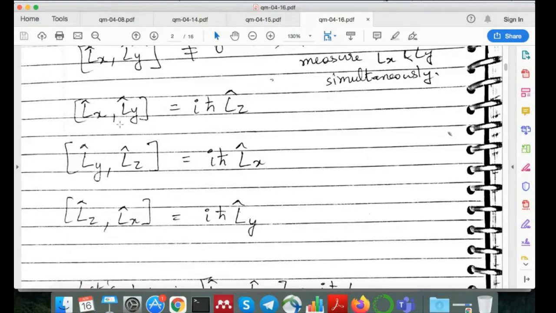Any two components of the angular momentum have a commutator equal to iħ times the third component. This is your formula for the commutator relation.